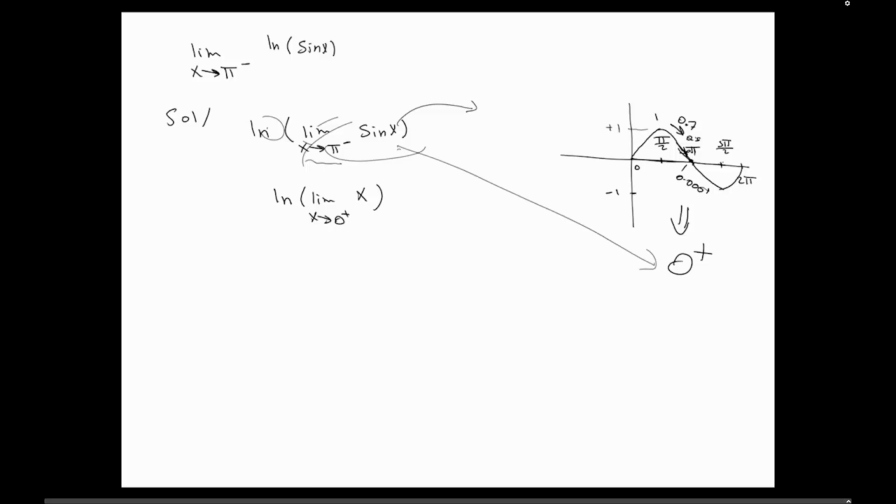And this means, as you guys know, whenever we get closer and closer to 0, the ln of 0 from the right side is always gonna get closer to negative infinity. So the solution is: ln of the limit as x approaches 0 from the right side of x equals negative infinity.